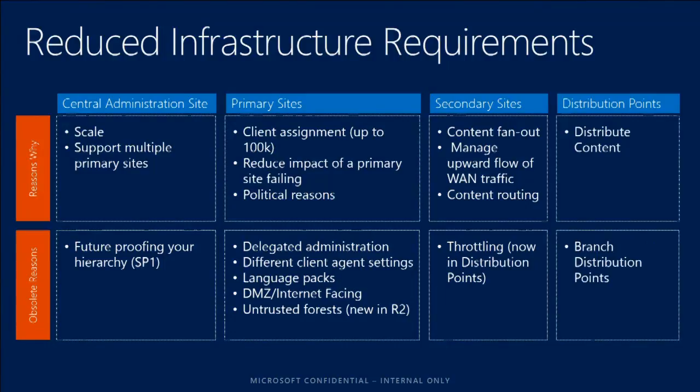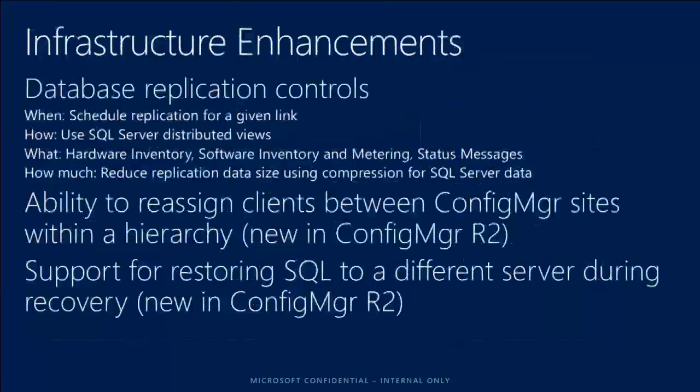And then with the distribution point, if you have very small LAN subnets, or you have subnets with machines that are always on, a feature that you can look at is branch caching, the ability to leverage your peers on that LAN to help service content. It's a good way to even eliminate a distribution point as well.